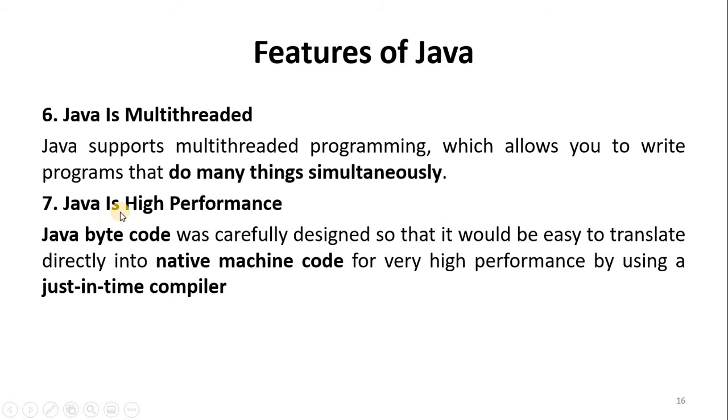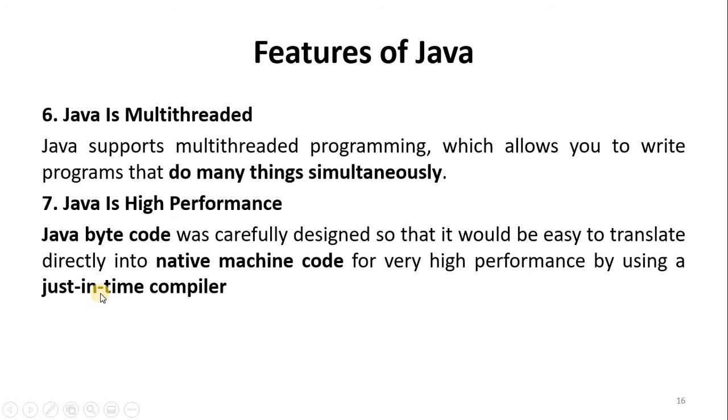Now we can discuss that Java is a very high performance system. What does high performance mean? The bytecode generated by the JVM after the compilation of your program can easily be translated to machine code, native machine code. This native machine code is very high performance and is used by the just-in-time compiler, the JIT compiler.